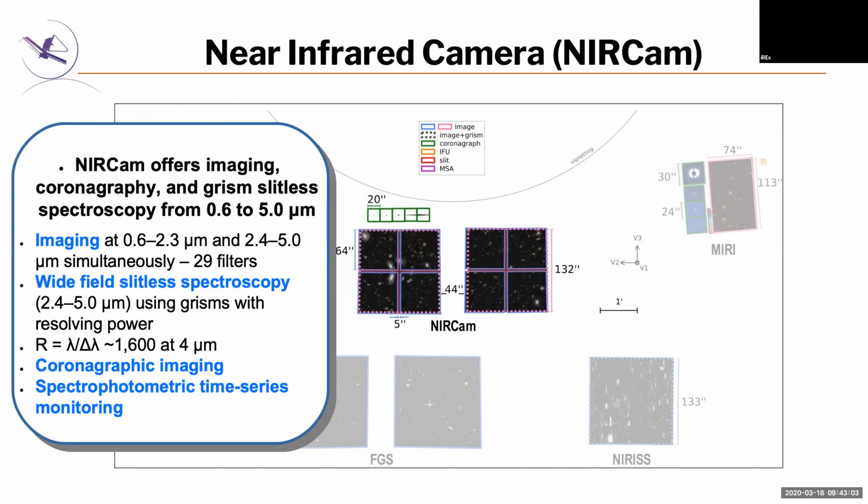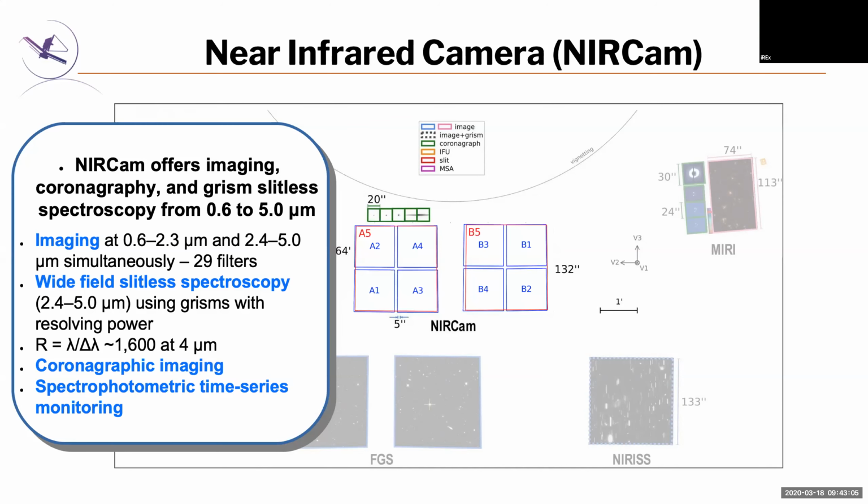So the blue squares are short wavelength detectors, and the red squares are red detectors, sensitive to between 2.5 and 5. So you see that you have in total 8 blue channel detectors and 2 red channel detectors.